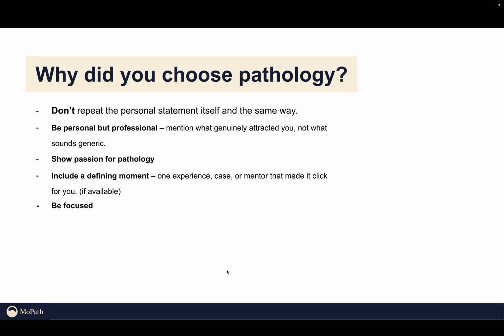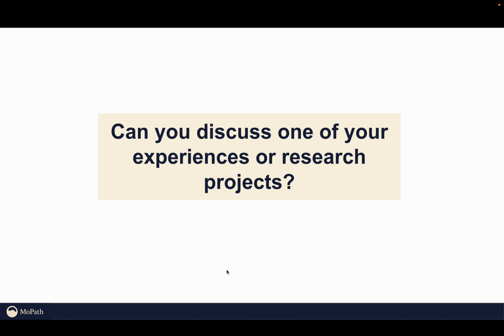Every word that you put there, you should be aware of. If you have any research project, at least you should know your role in this project, what it was about, and important results from this research project. Or also, you need to know more about your experience.